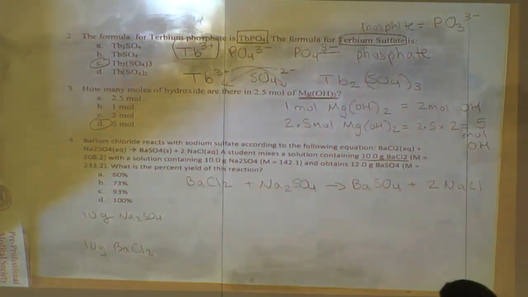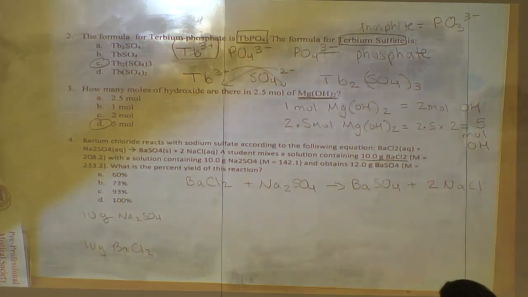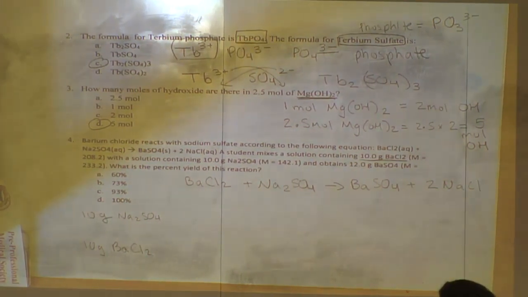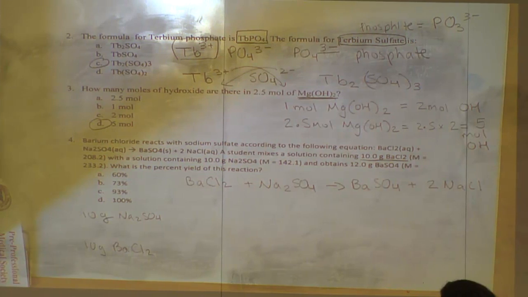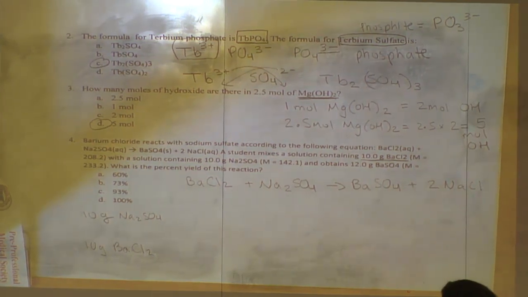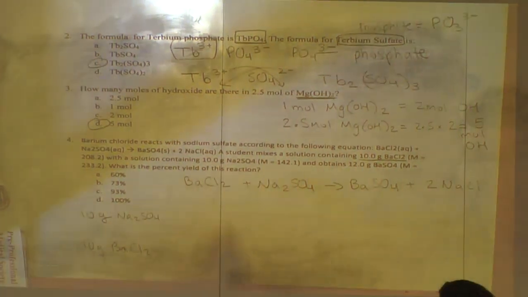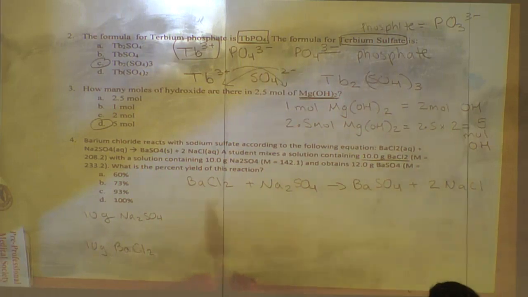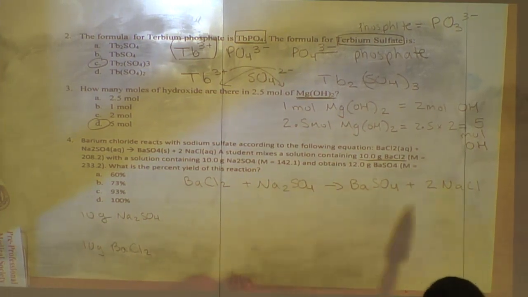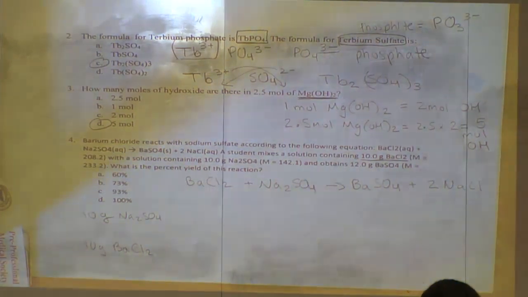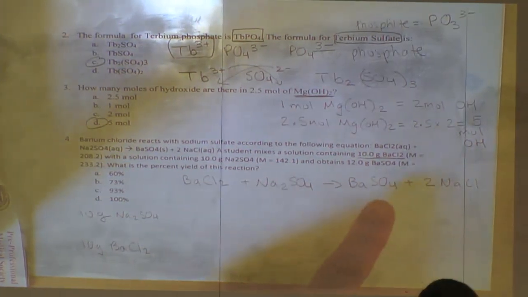Do we have the same mass or different mass of reactants? Same. So we have 10 grams of both of them, right? In this case, we want to see what is the mole ratio between the reactants and our product. We're not worried about NaCl because we're making BaSO4.